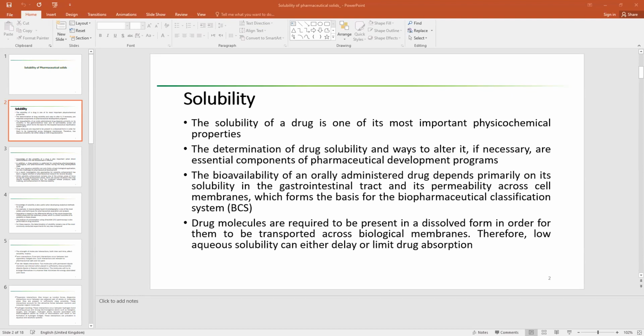We have to keep in mind that the bioavailability of an orally administered drug depends on its solubility in the gastrointestinal tract and the permeability across the cell membrane.